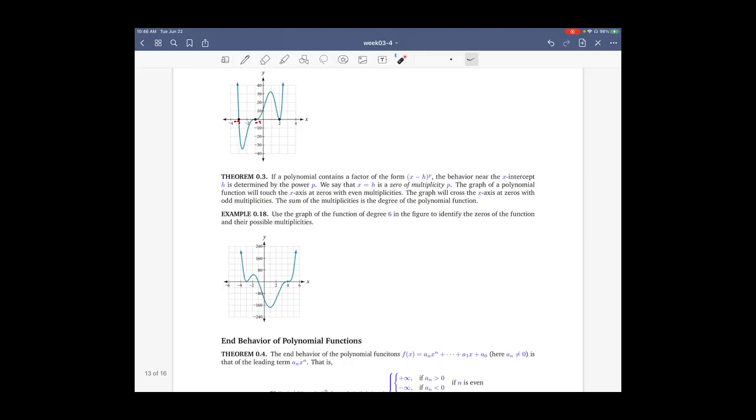The following theorem establishes the necessary and sufficient condition for touchings and crossings. Suppose our factored polynomial has a factor of the form x minus h to the power p.